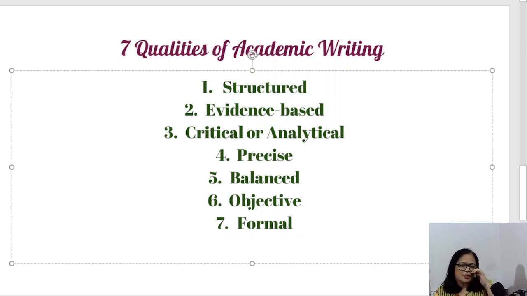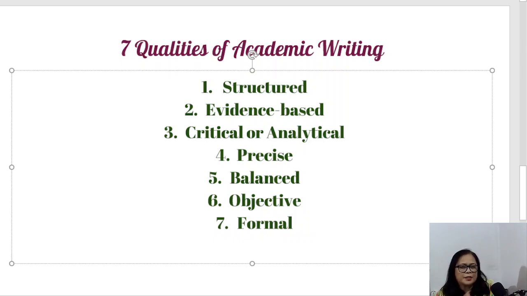Use your industry standard or industry related technical terms. So fifth is balance. When you are writing an academic paper, let's go back to critical or analytical and evidence based. You have to balance it.